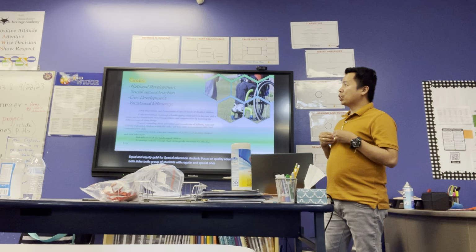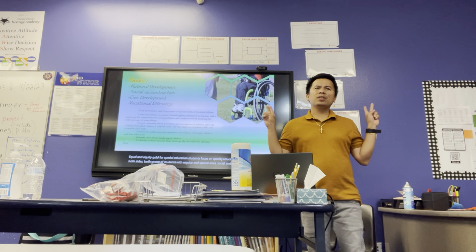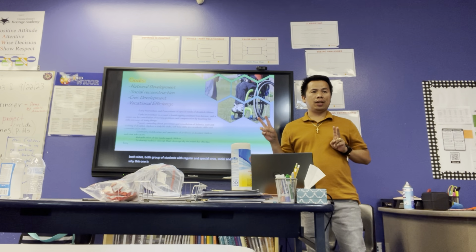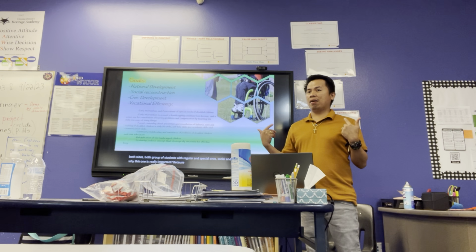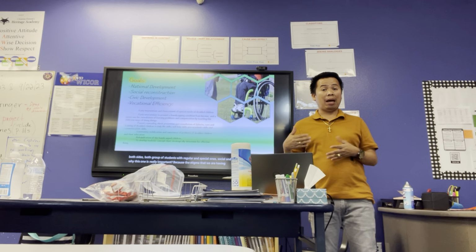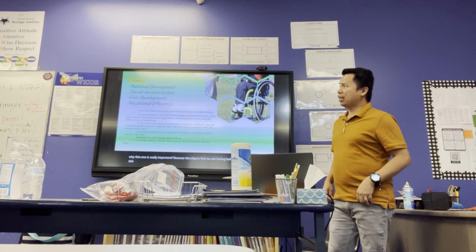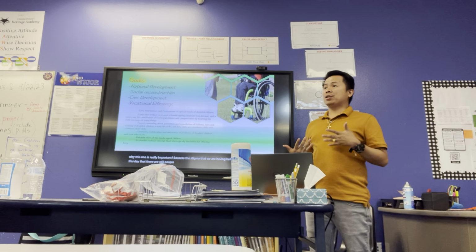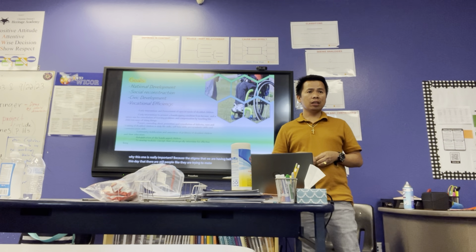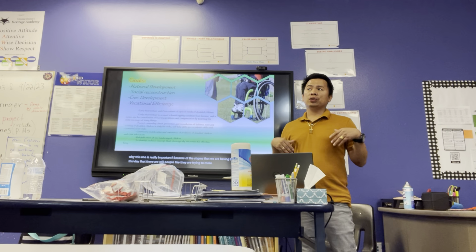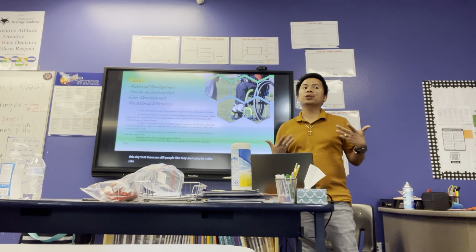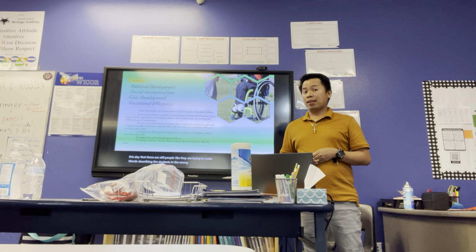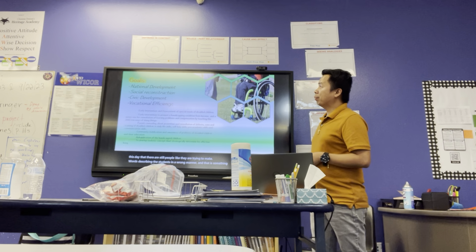Social reconstruction. Why is this one really important? Because of the stigma that we had before, and even up to this day, there are still people trying to use words describing the students in a wrong manner, and that is something we have to address.